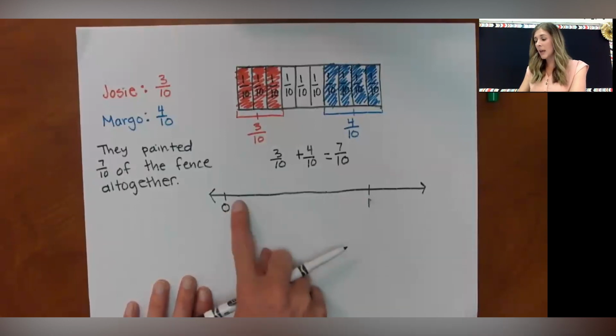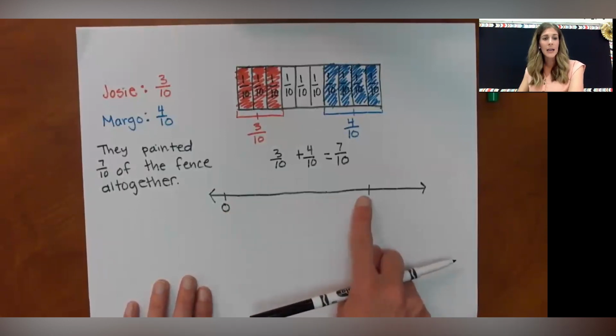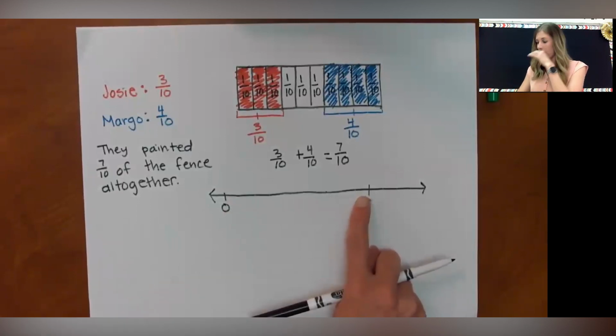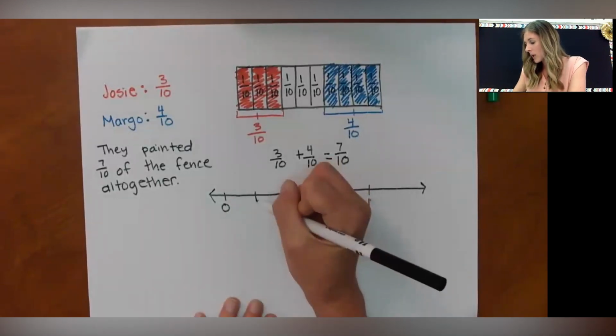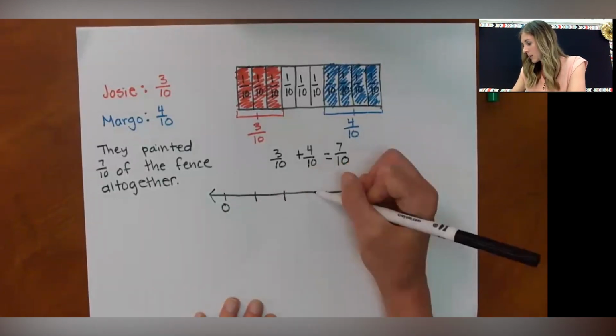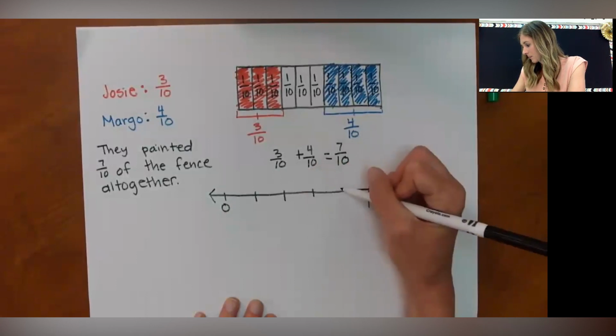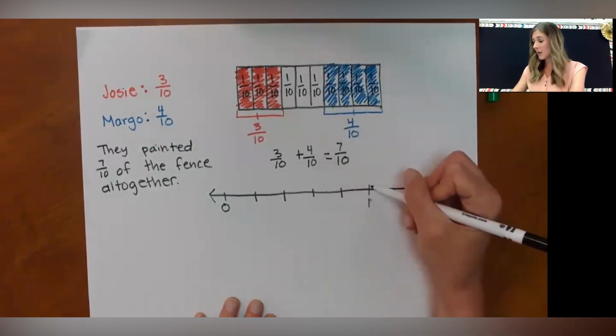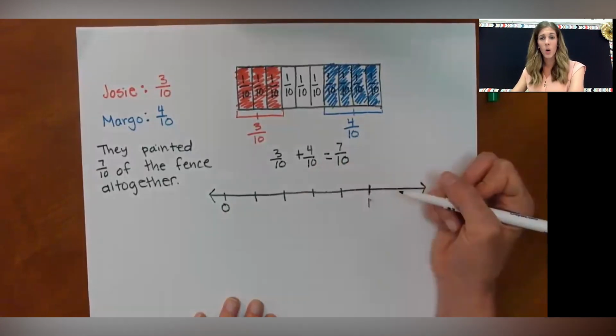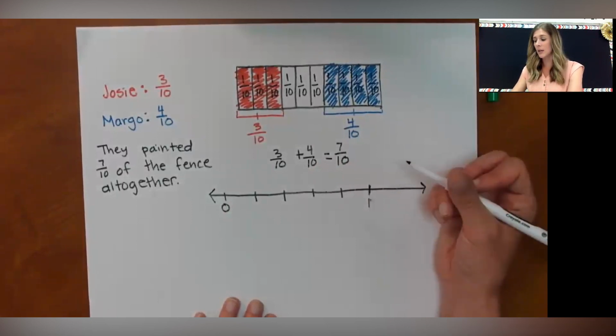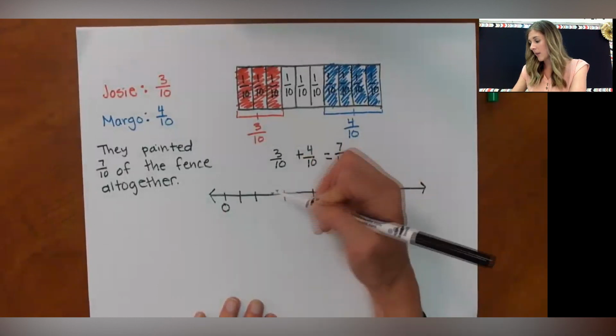And then I'm going to take that fence and divide it up into tenths. Again, I like to start dividing it up into fifths and then go back and split those pieces in half. So we're going to divide that up with just tick marks. And then my fifth tick mark is actually going to be on this one whole. And so we're looking at the space between the tick marks. So we're going to go back and divide those in half.